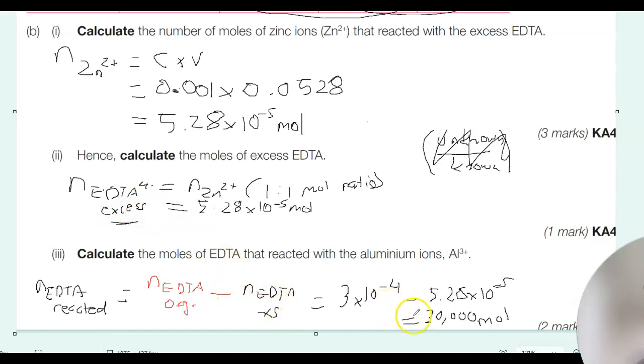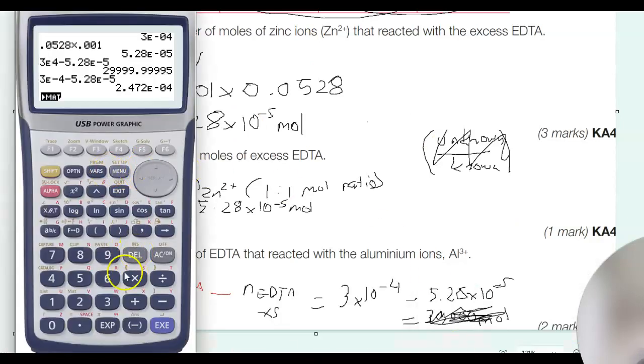So we do that subtraction, and this is where I made a silly mistake. So I need to completely get rid of that because that's embarrassing. So 3 times 10 to the negative 4, and I've just got it here, 3 times 10 to the negative 4, subtract 5.28 times 10 to the negative 5, gives 2.472 times 10 to the negative 4. Okay, so I don't have much room here.